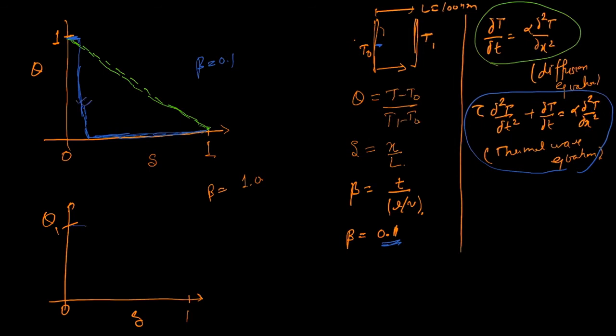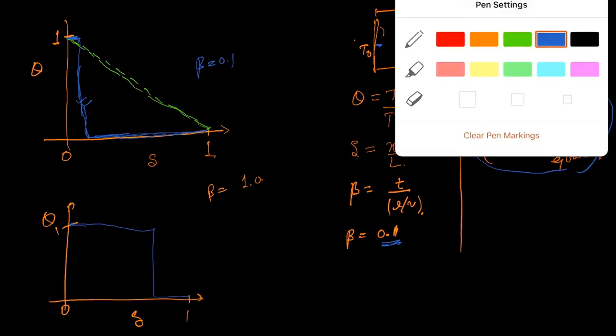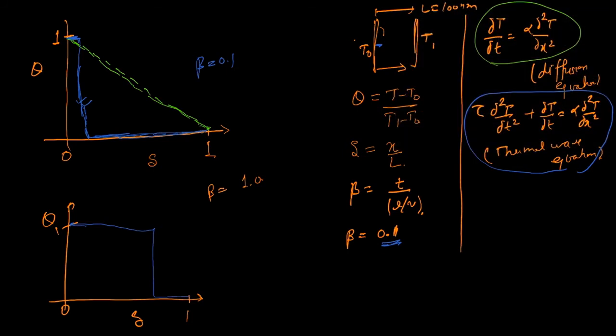So what we would find is that the thermal wave front maybe has come to this point, and then some part still doesn't know that the temperature has changed. But if we look back at our diffusion equation, at this point it would pretty much have become linear. At small time scale it may not have been linear, but here it is fairly close to linear. Okay, this is after some delay time.